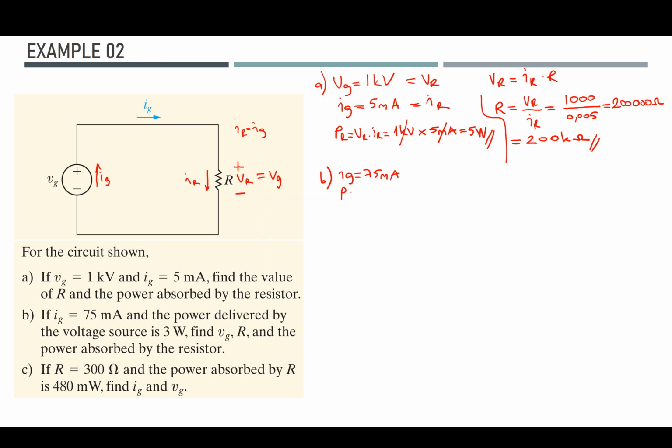So in this case, our PG value should be negative 3 watts because it's sourcing energy and we know it.